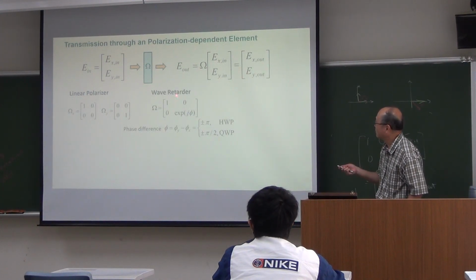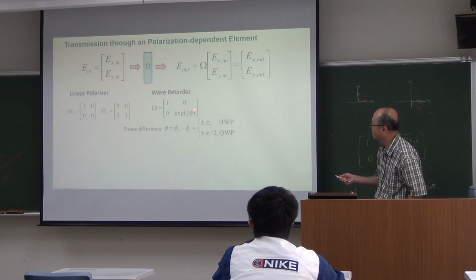All right. So a wave retarder is expressed by this matrix. You introduce a phase difference to one component of the electric field. And you know that if this phase difference is plus or minus 180 degrees, it's a half-wave plate.